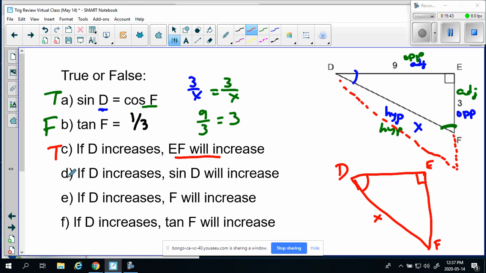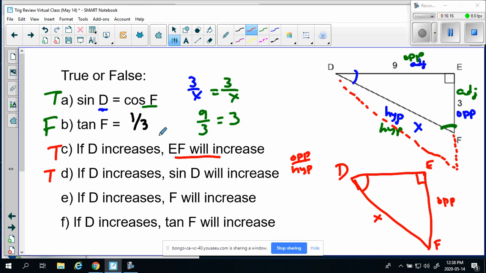So what about D? If D increases, so we're looking at this red triangle, then sine of D will increase. Well, what is sine of D? It's supposed to be the opposite over the hypotenuse. The hypotenuse has stayed the same length, but what has happened to this opposite side? It seems to have lengthened compared to the old version. And if the opposite side has lengthened, then this will also have increased. So this is also true.